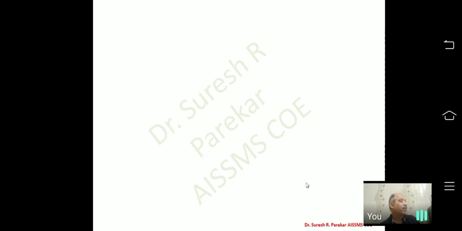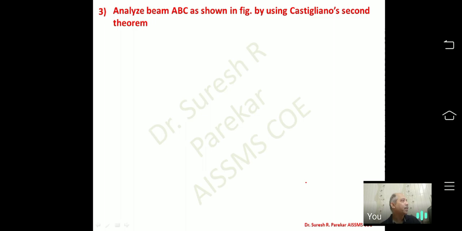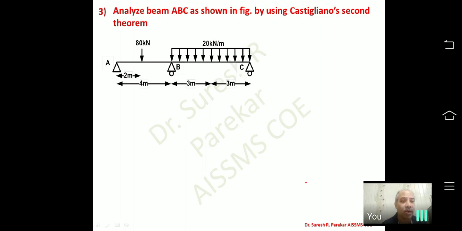So we have third problem, that is same. I already told you, I have considered the same problems whatever we have considered by using theorem of three moments, and these problems again we are going to solve by using slope deflection. We are going to solve by moment distribution. Same problems we will solve. Then we have flexibility method, then we have stiffness.